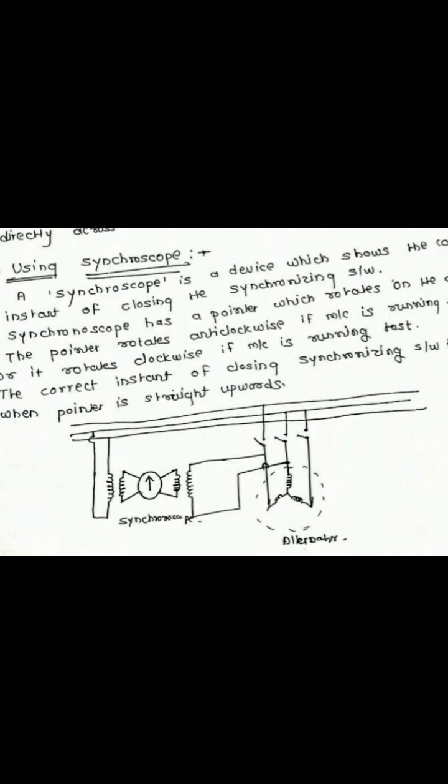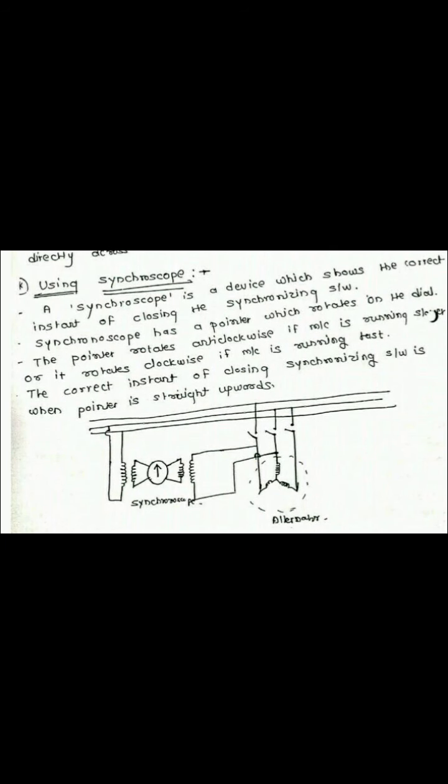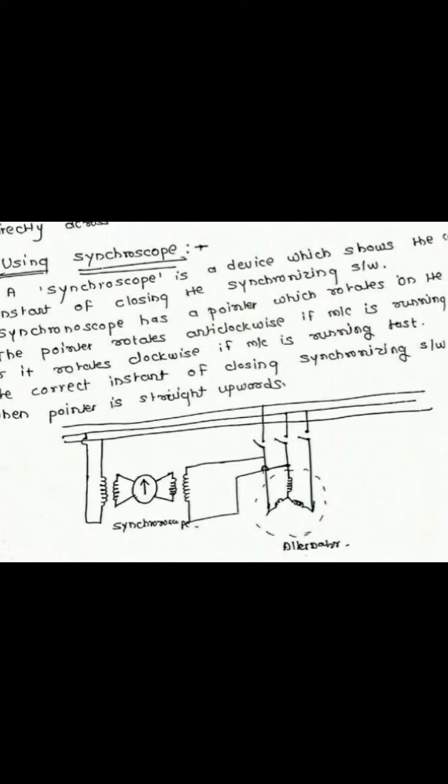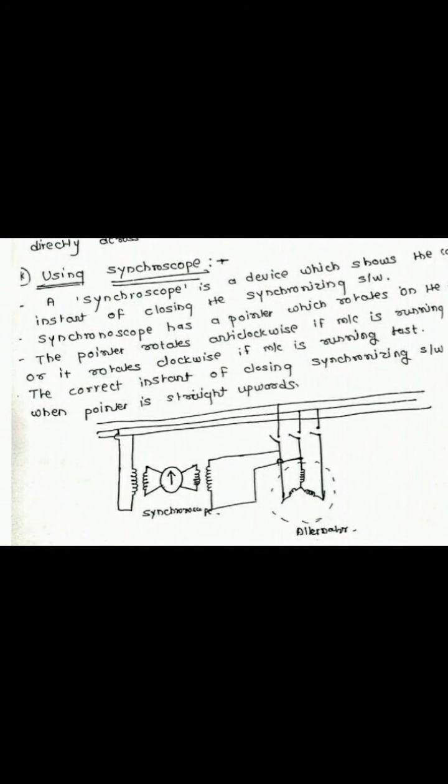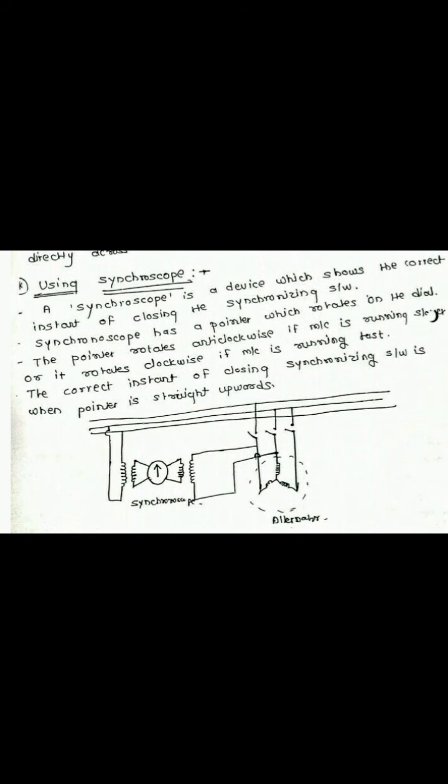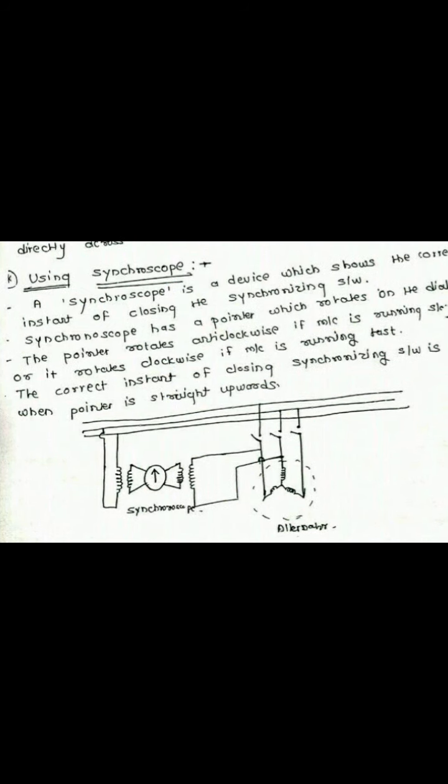Okay, so let's start the last method, which is very popular for the synchronization of alternators, and most of the time in industry and day-to-day life this method is very useful. This method is called the synchroscope. A synchroscope is a device which shows the correct instant of closing the synchronizing switch.